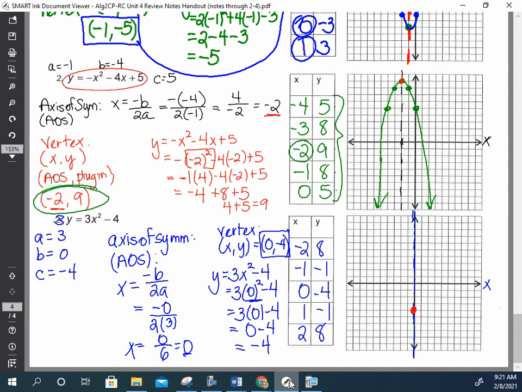Put the other points on the graph. And there's your curve.